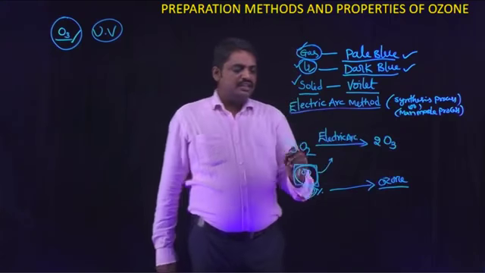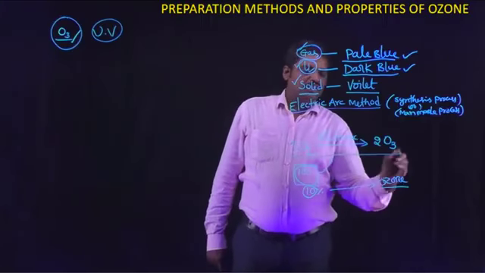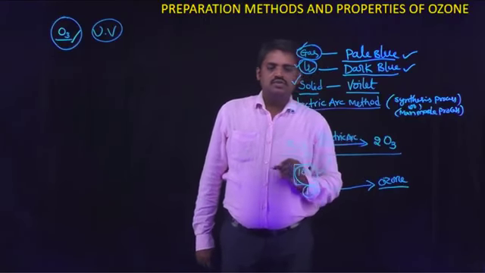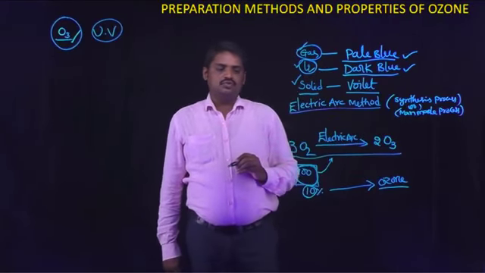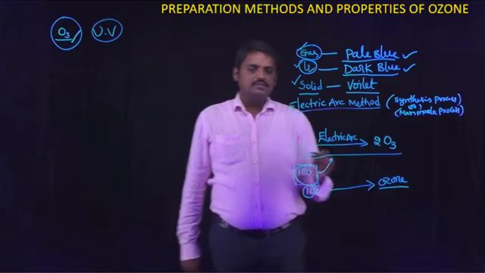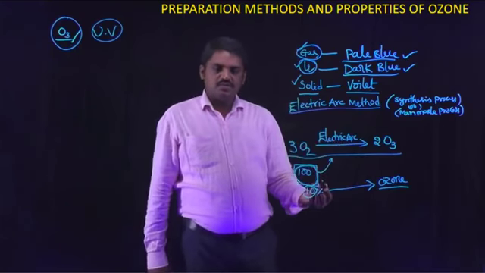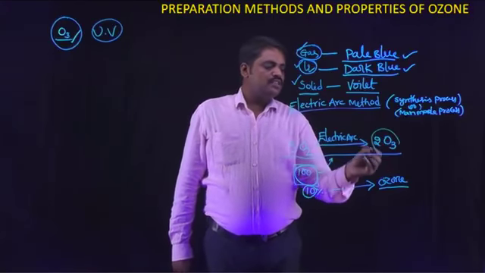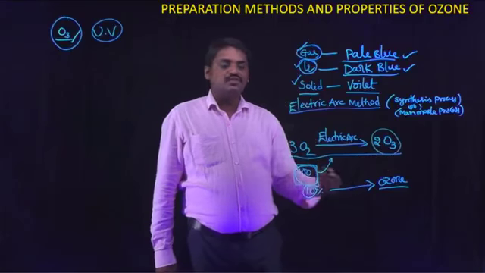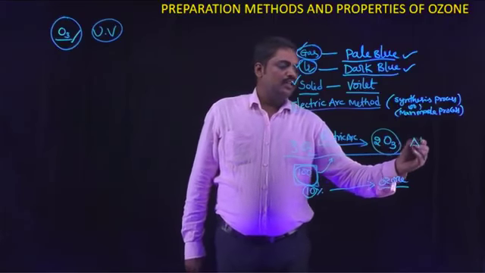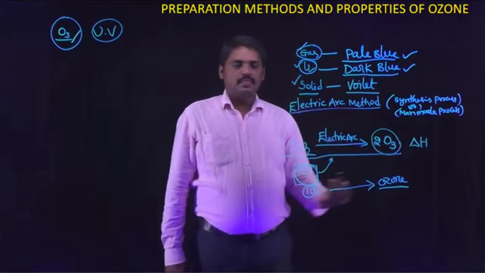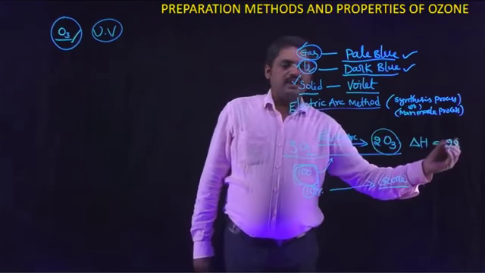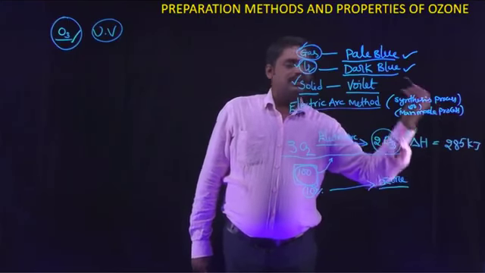In this reaction, 3 moles of dioxygen gaseous molecules are converted to 2 moles of ozone. In this reaction, the products gain 285 kilojoules of heat.